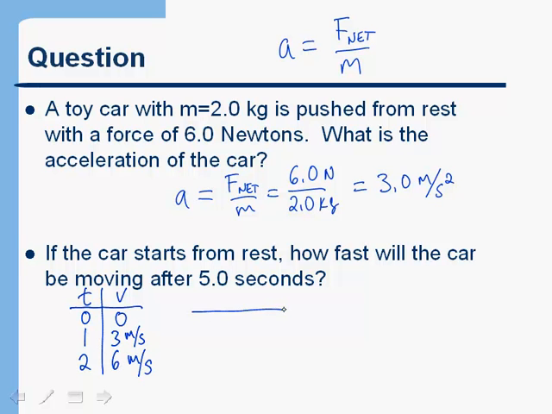And we can keep going with this. So after 3 seconds it will have gained another 3, so now it's moving at 9 meters per second. After 4 seconds it will have gained another 3, so we're at 12. And finally we get up to the fact that after 5 seconds it will be moving at 15 meters per second.